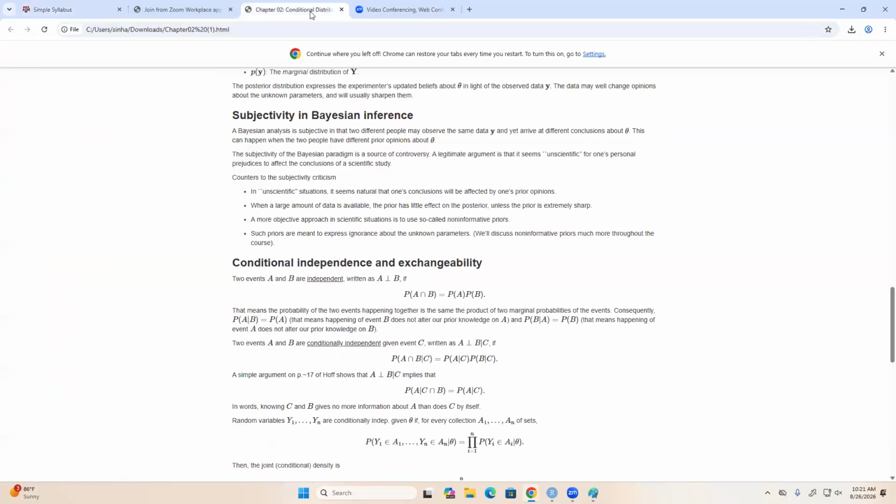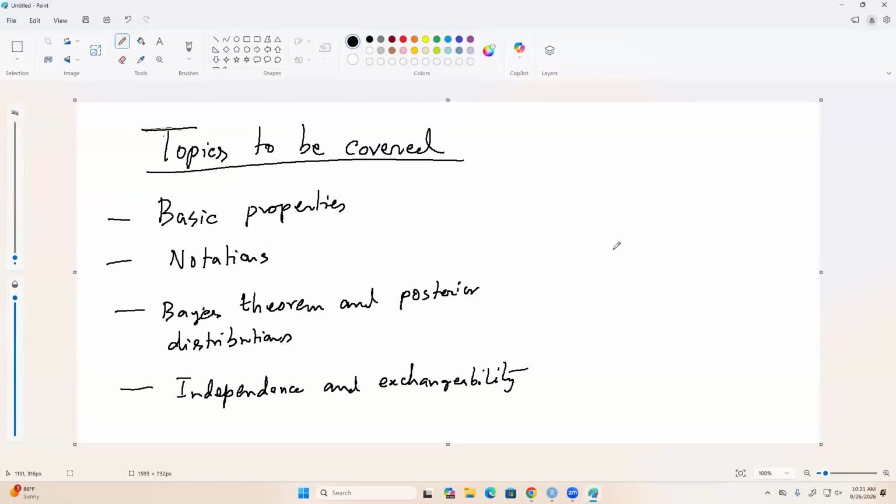All right, so let's get started. Today we are going to talk about some basic properties, notations, Bayes theorem and the posterior distributions, followed by independence and the concept of exchangeability. These are the concepts we are talking about, and this is in chapter 2 of the class notes.